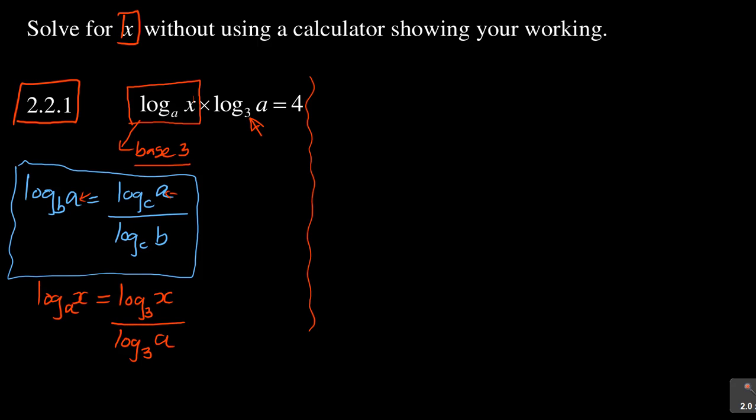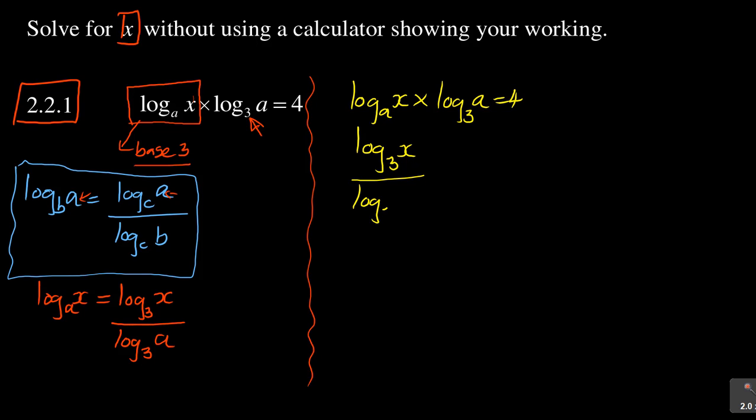So if I can rewrite my question, remember I had log base A of x times log base 3 of A. This was equal to 4. So now I have managed to change that log base A of x to give me log base 3 of x over log base 3 of A, times log base 3 of A is equal to 4.